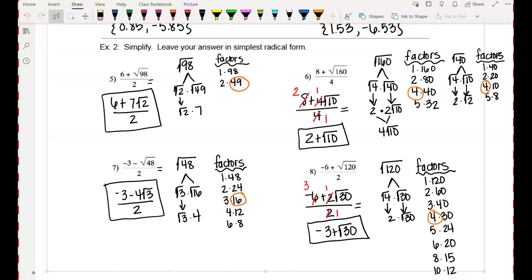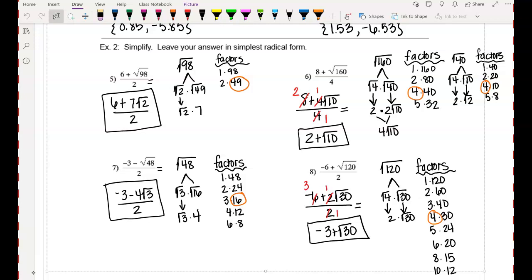Same thing on number 7, 2 goes into the -4, but it doesn't go into the -3. And we can't combine the 6 plus 7, I can't say that's 13 radical 2, because with radicals I can only combine like terms, I can only combine a radical 2 with a radical 2. So that's why the expression is left as it is.